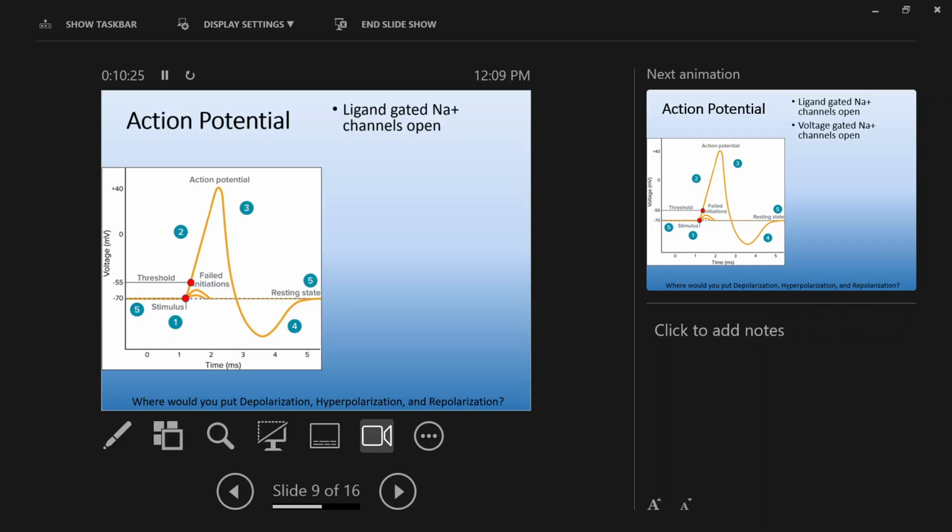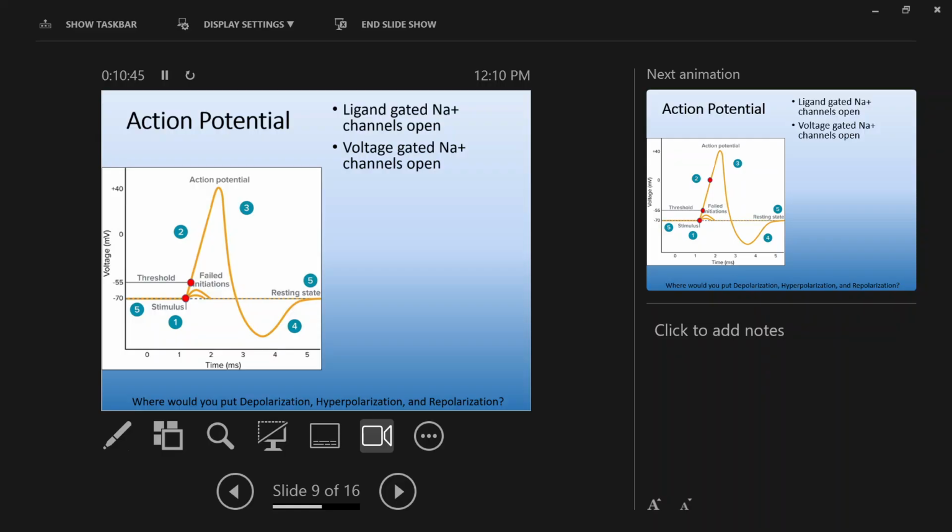All right, my next dot at my threshold. So my voltage is changing, I'm going more towards the positive. My voltage has changed such that, what happens next? Voltage-gated what channels? Sodium channels are going to open. So now I've got a whole bunch of sodium flooding into my cell.